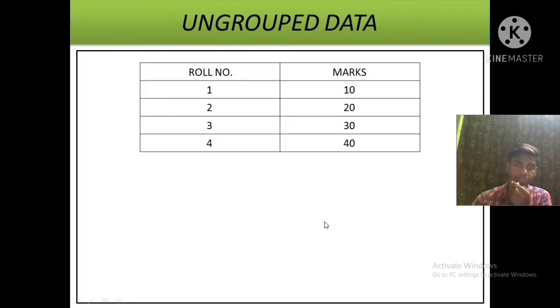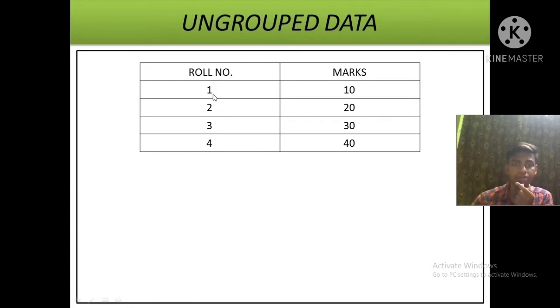The first problem that we are going to solve is from ungrouped data mean. Suppose your teacher gives you this kind of table and asks you to find the arithmetic mean. At first you have to remember the formula: summation of x divided by n. Here n is the total number of observations.